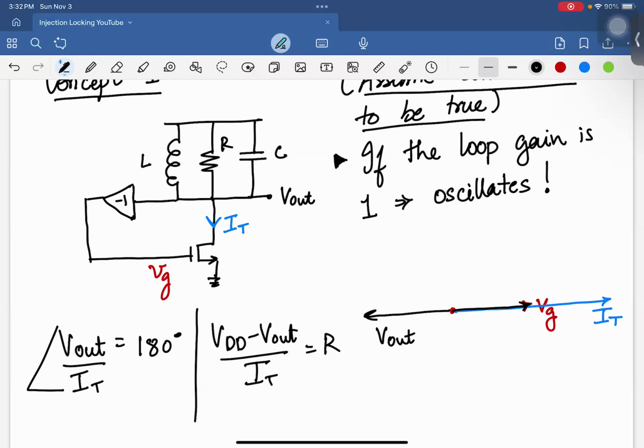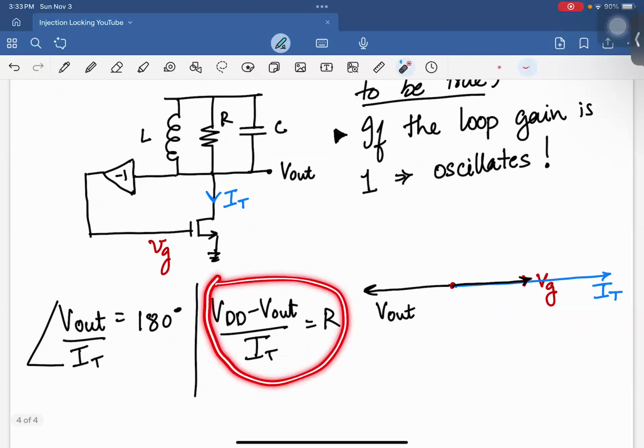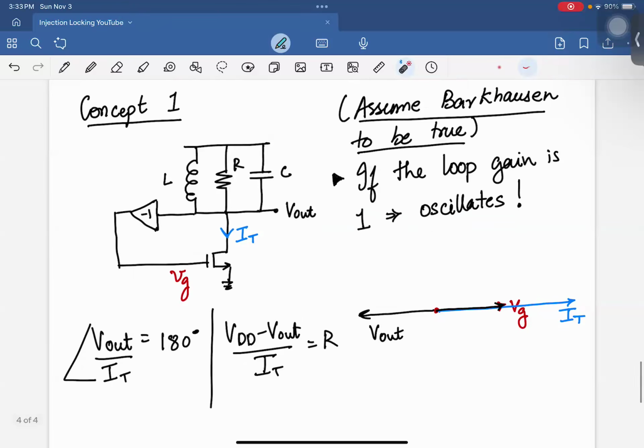So that essentially completes that loop gain criterion of loop gain being 1 and the phase over the whole loop being 0. And that's why they say that at the resonance frequency, this circuit will oscillate, because at the resonance frequency is where this Barkhausen criteria was satisfied, right? Because only at the resonance frequency, this condition is true. Okay. So that's why they say this circuit oscillates at the resonance frequency. All right.